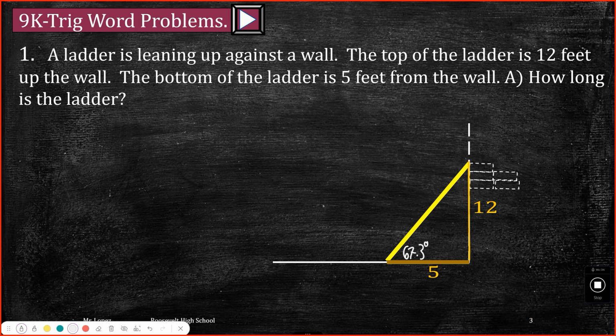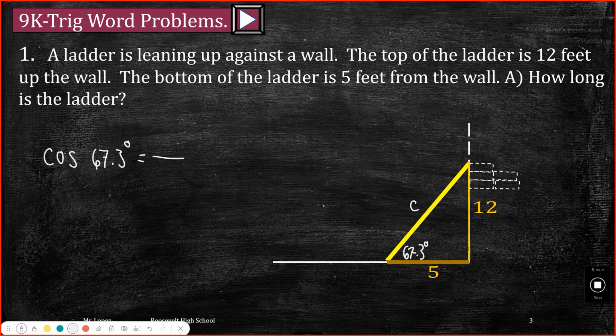Now I'm going to solve this triangle, the length of the ladder. And let's call it L for ladder, or C. Let's call it C. If I wanted to use cosine here, I would go cosine of 67.3, which is stored in the calculator, is the ratio of what over what?